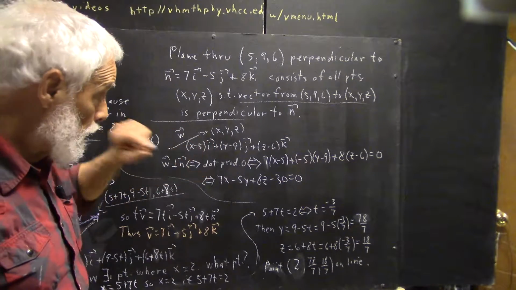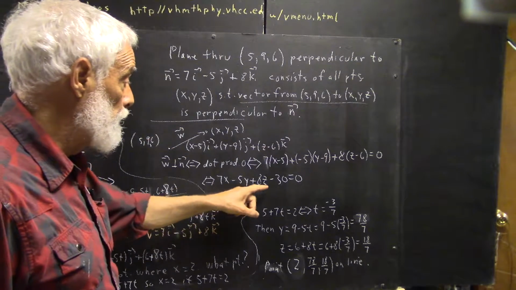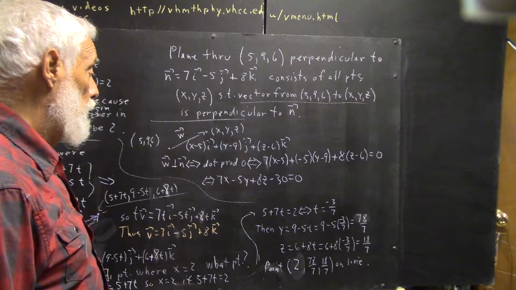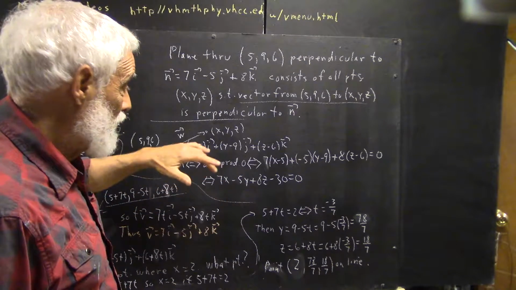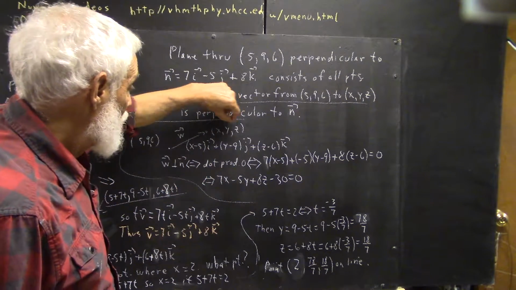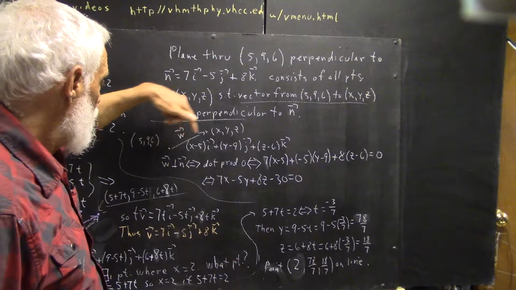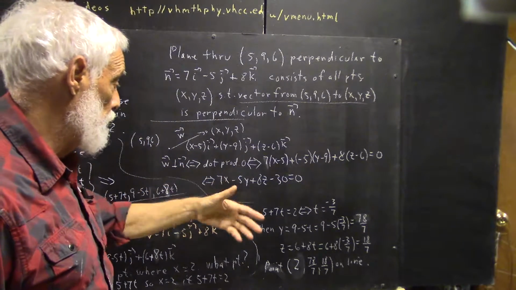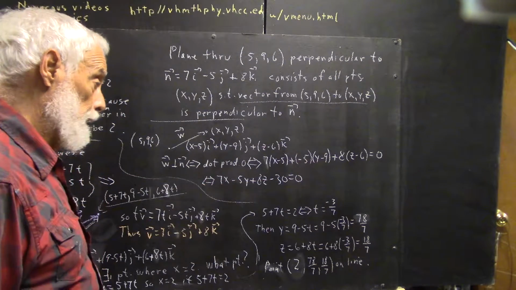It's an equation that has to be satisfied by x, y, and z in order for the point to lie on this plane. Also, if x, y, and z satisfy this, then that point has to lie along a vector from 5, 9, 6 to that point perpendicular to our specified normal vector. In other words, the point would have to lie in the plane. So this completely characterizes the plane.